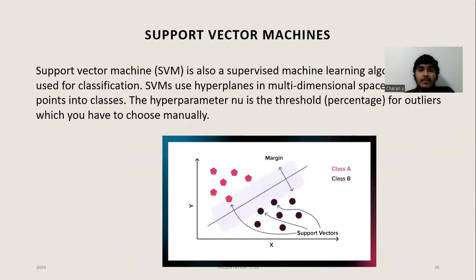Support vector machines. Support vector machine, or SVM, is also a supervised machine learning algorithm often used for classification. SVM uses hyperplanes in multidimensional space to divide data points into classes. The hyperparameter is the threshold percentage for outliers, which you have to choose manually.